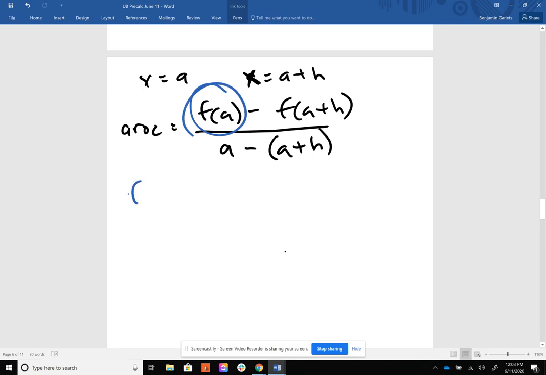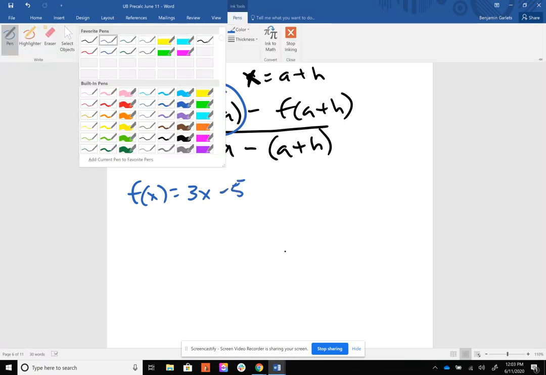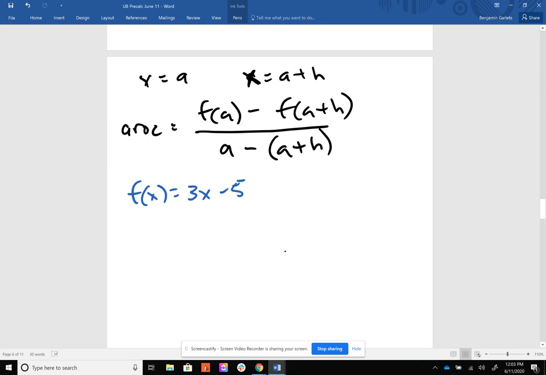If we think back to our function, f of a, I'm going to plug a in: 3 times a minus 5. And that's as simple as I get. I have a term with a, and I have a constant term, so that's all we got.